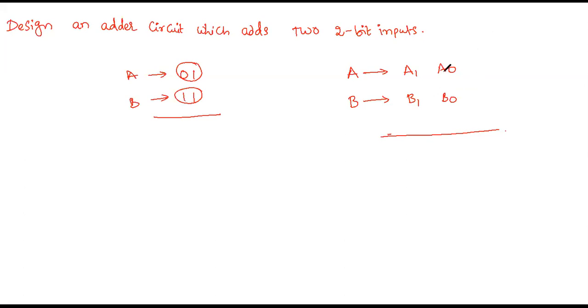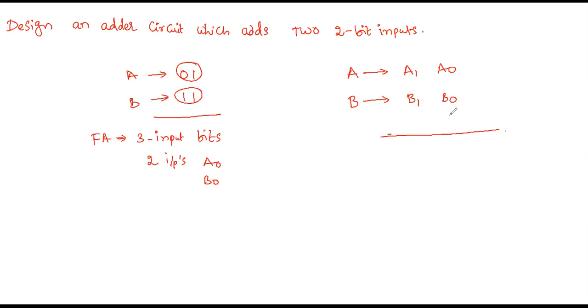Here we are using a full adder to add two bits, A naught and B naught. But a full adder is used for adding three input bits, and we have only two inputs, A naught and B naught.